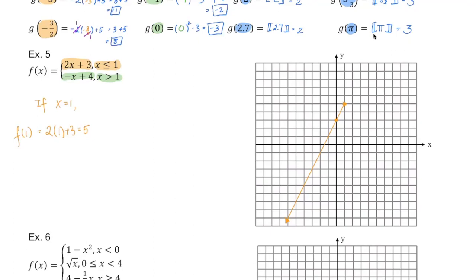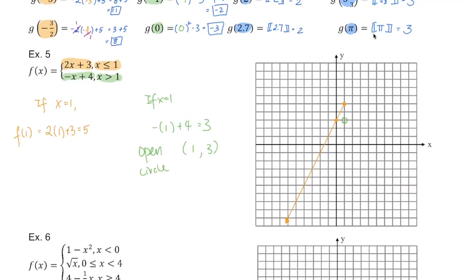So if x is equal to 1, then we say negative 1 plus 4, which is equal to 3. So we are going to plot a point at (1, 3), but this is going to be an open circle. It's not included, it's excluded right here because the graph is going to start right next to it.